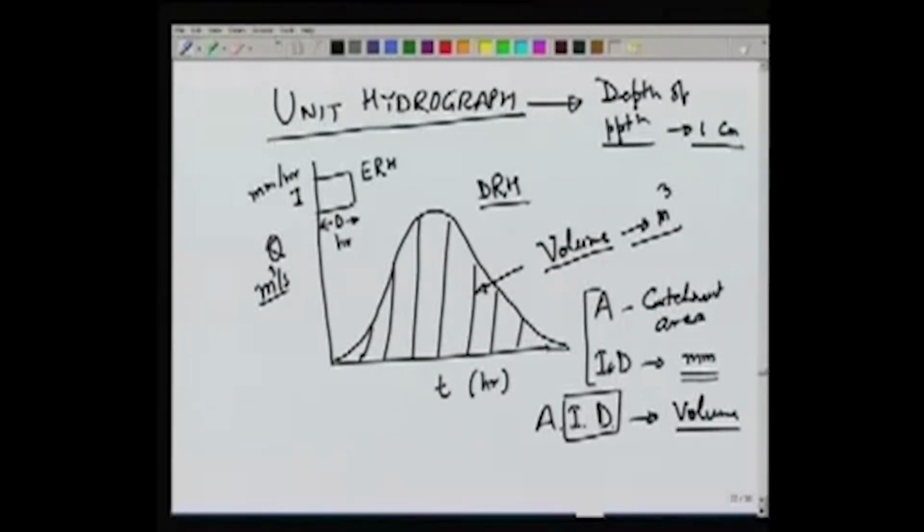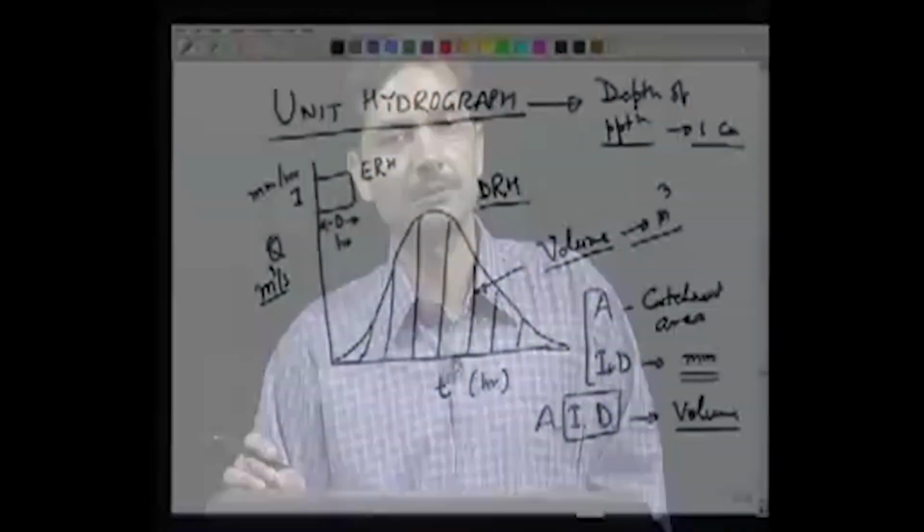So what it means is that if we have 1 centimeter of depth falling over the catchment in, let's say, D hours, then the direct runoff hydrograph which results from that rain will be called a unit hydrograph for D hours. So let's take an example.